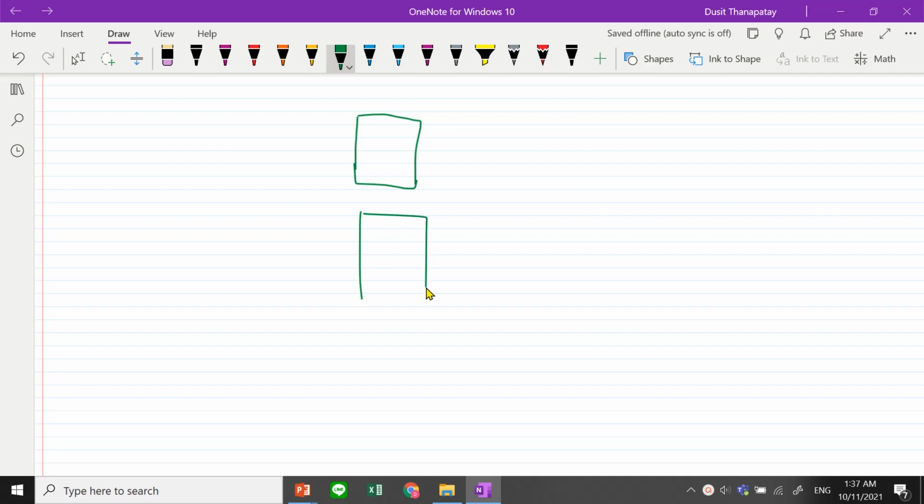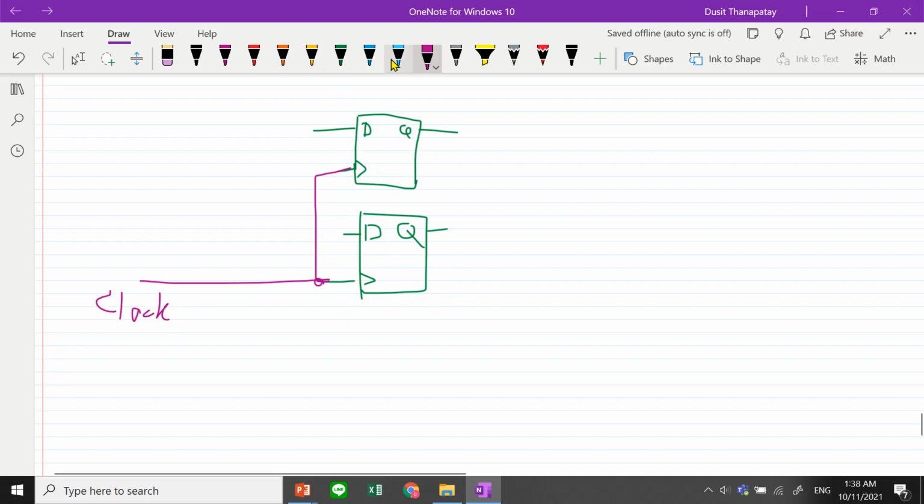Okay, at first, what is this? This one is D flip-flop. Let me use two D flip-flops connected to the same clock signal. Okay, same clock signal.